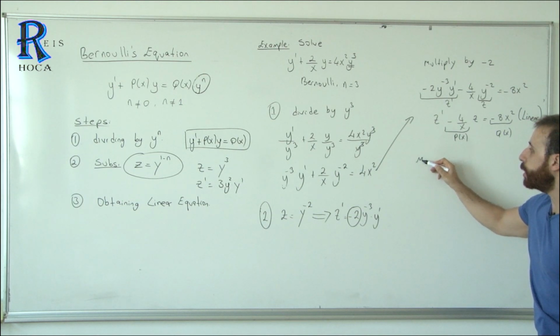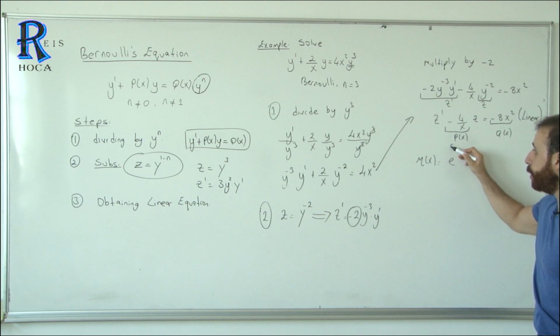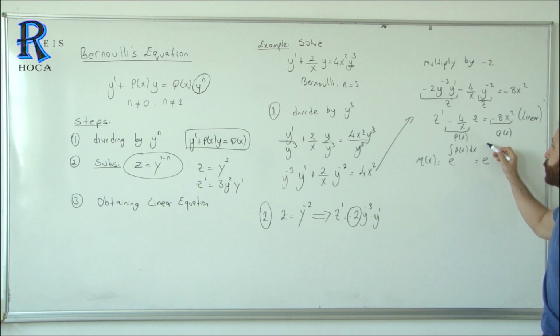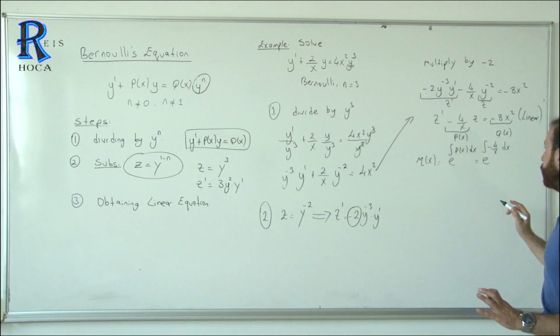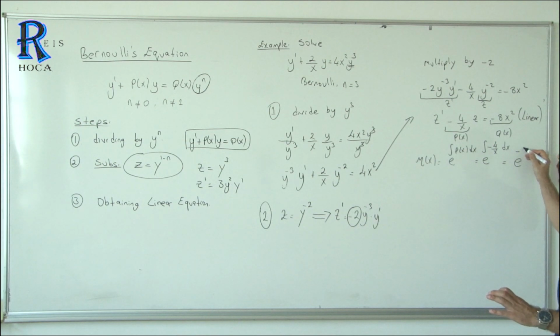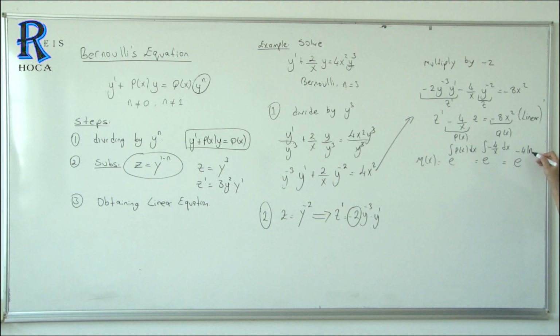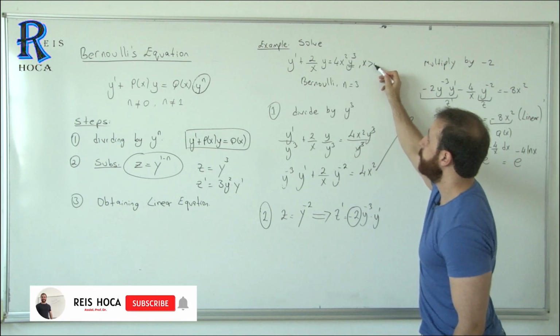The coefficient of z, like the coefficient of y, is p(x), and here it's q(x). So the integrating factor is mu(x). What was the integrating factor? Exponential of the integral of p(x) dx, so exponential of the integral of minus 4 over x dx. So until here it's okay. Exponential of minus 4 times the integral of 1 over x, which is ln x. Let's suppose that x is greater than 0.